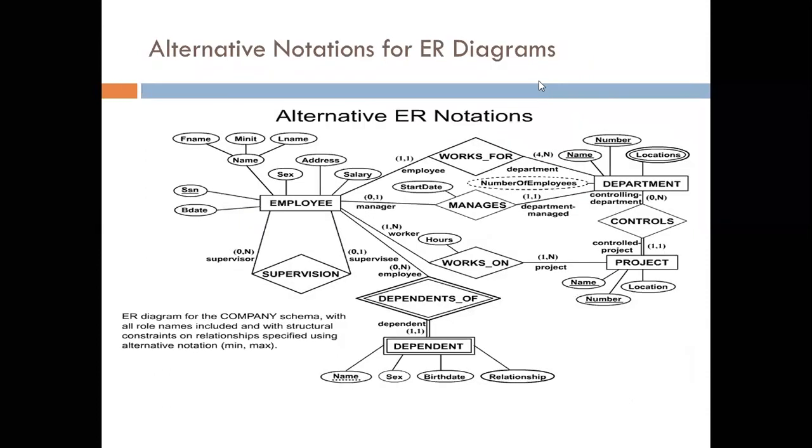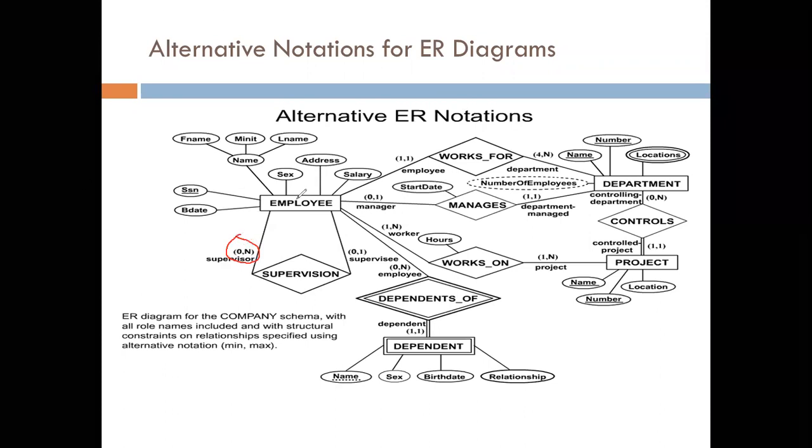So another alternative representation for the same ER diagram is this. Here the only difference between this one and the previous one is the presence of the cardinality in a pair. That is, we can write minimum and maximum also.